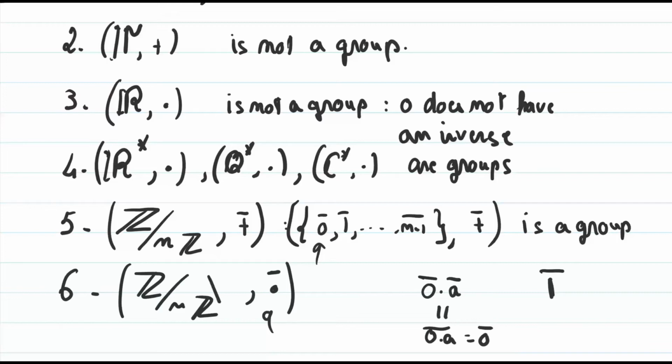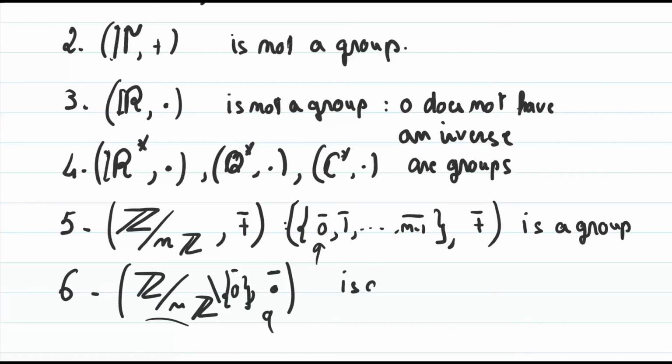But what if I remove the 0 from this set? I take this set without the 0 bar. Is it a group? For every non-zero x in this set, I can find a multiplicative inverse, a modular multiplicative inverse. In fact, it's a group if and only if n is a prime number. This is basically because of the Bezout identity.